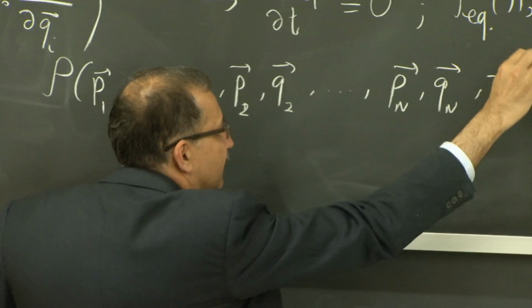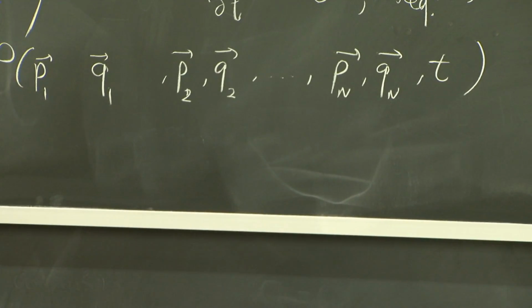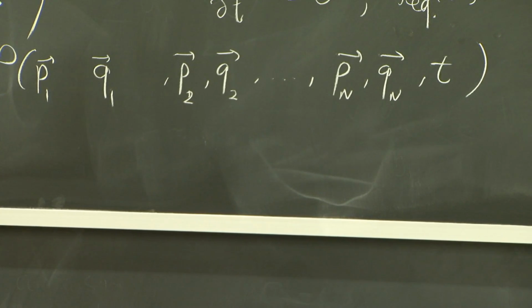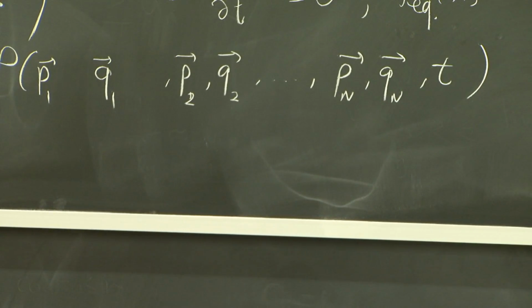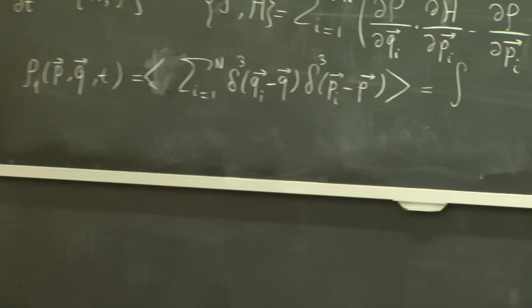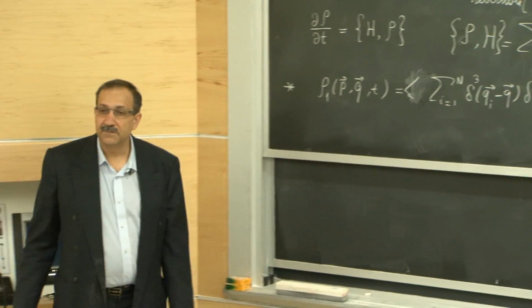And this is something that depends on time. That's where the time dependence comes from. And again, let's think about the time dependence where 0 is when you lift the partition and you allow things to go from one side to the other. So there is a non-equilibrium process that you're following.